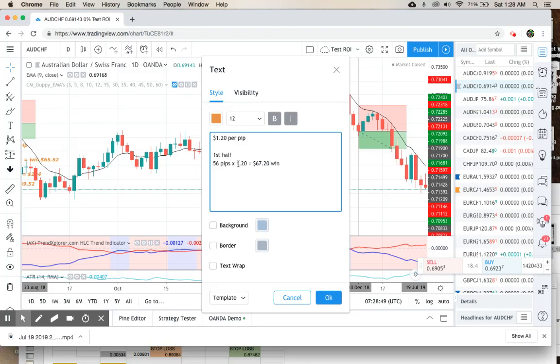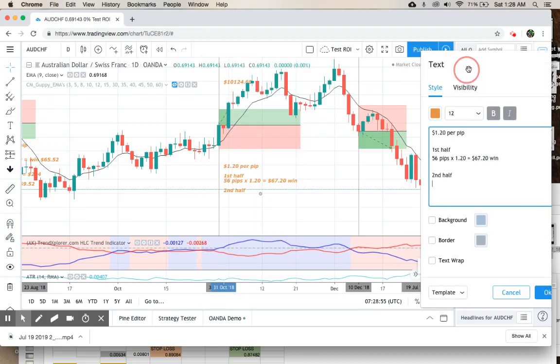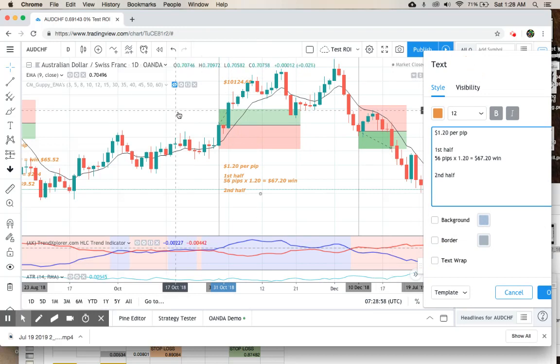And then what happened on the second 1% that we risked? Okay, let's look here. So we would move our stop loss to break even. It did not come back and hit the break even, so we're still following the trade. What's our ATR?